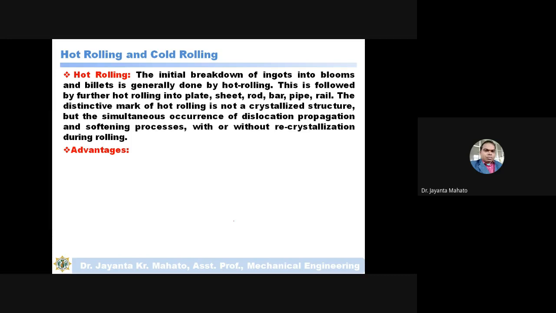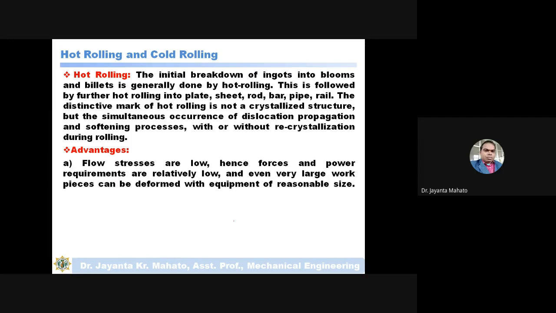Okay, and the advantages of this hot rolling process are as follows. If the material is above the recrystallization temperature, the flowability of the material is better, meaning with a lower force the material can be stressed because of easy movement of dislocations.